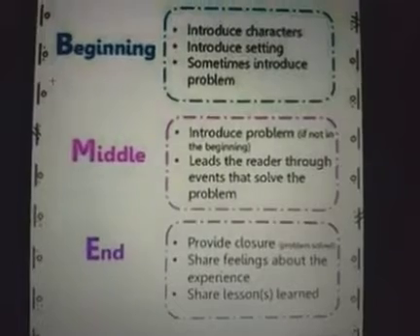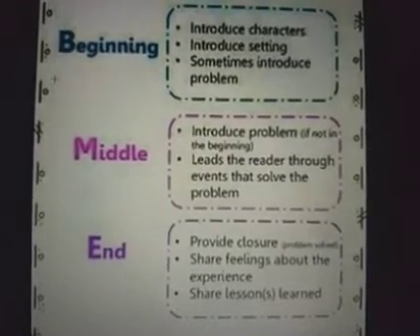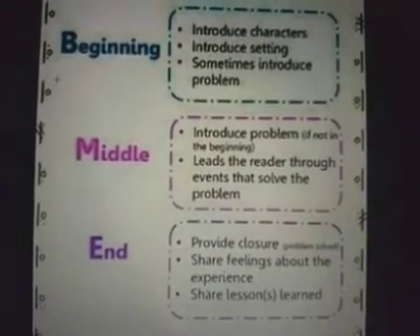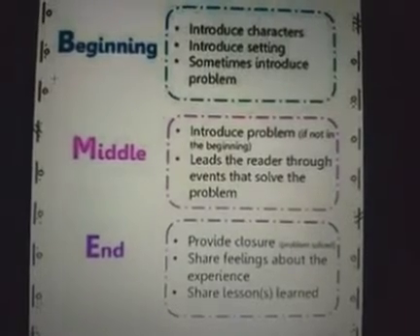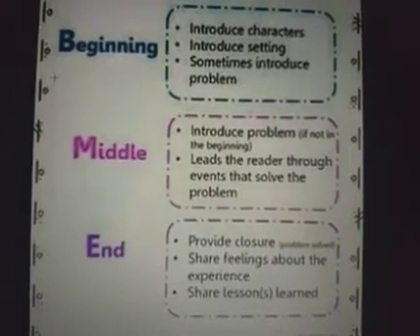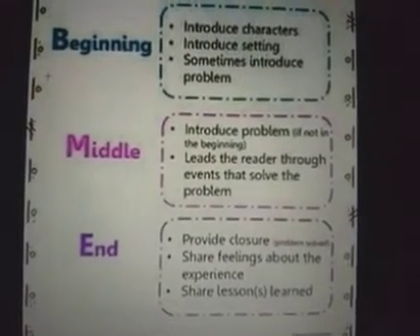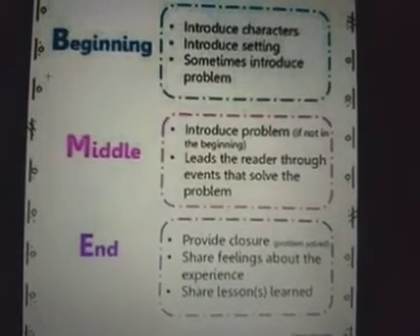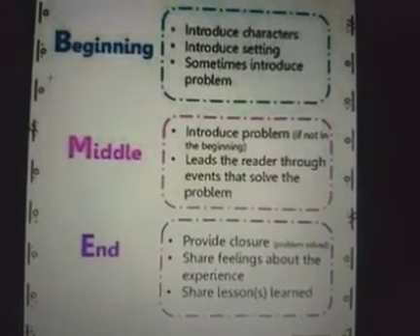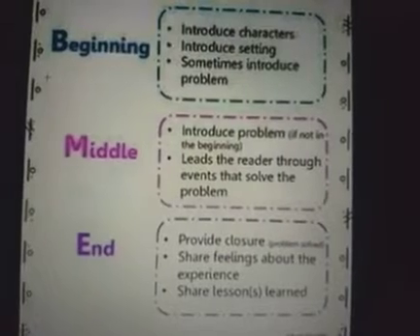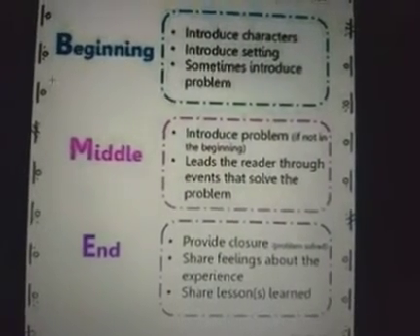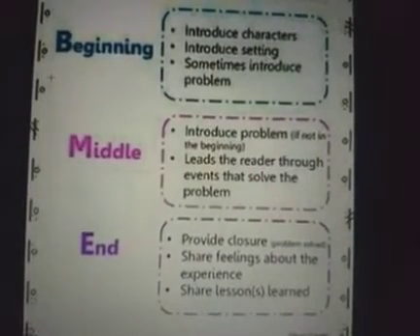The second one is the middle part of the story. It is here where the bulk of the story rests. The major part of the story is shared here. Some very major details of the story are shared in this part.